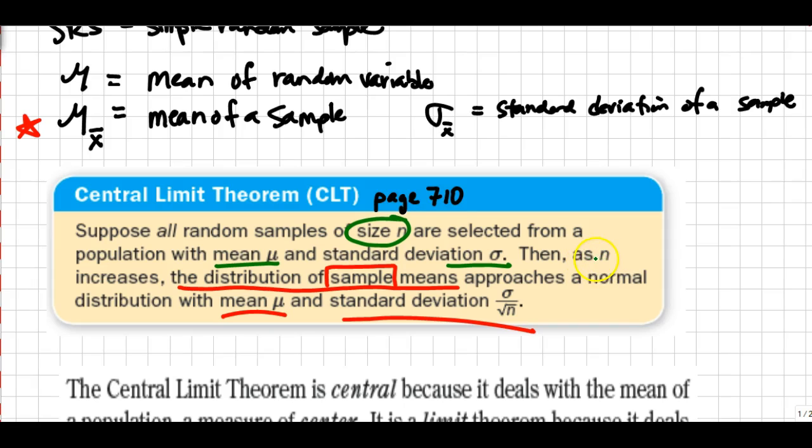Then as n increases, the distribution of the sample means will approach a normal distribution with the same mean, and the standard deviation will approach the standard deviation divided by the square root of the sample size. Notice that the means are going to be the same when the distribution is normal. The standard deviation will be smaller than the original because it's getting divided by the square root of the sample size.